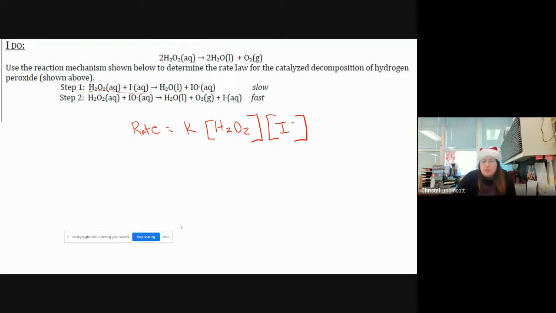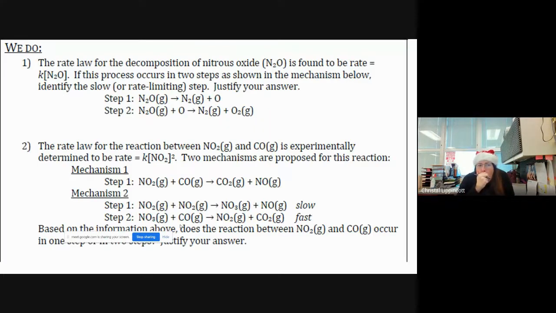All right, let's try the next one. Here they're telling us that the rate law is this, and they want to know which one is the slow step. So you're going to find the rate law that matches this. Does oxygen appear in this rate law? No. Then that means that this is your slow step.